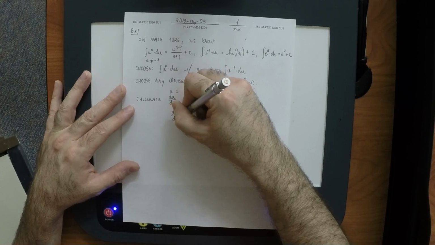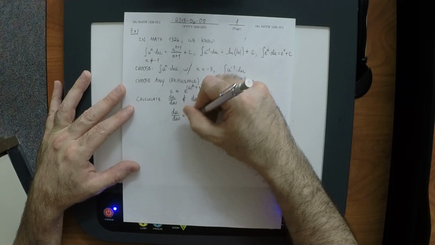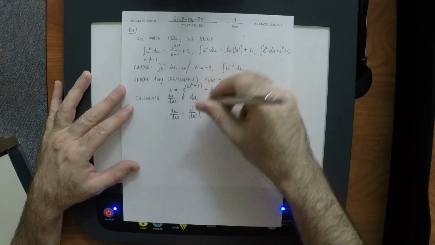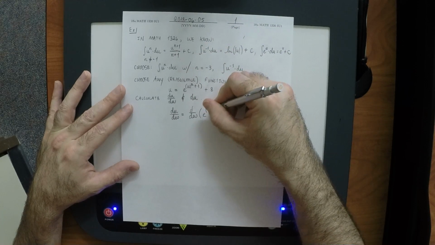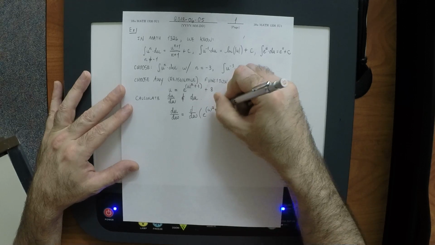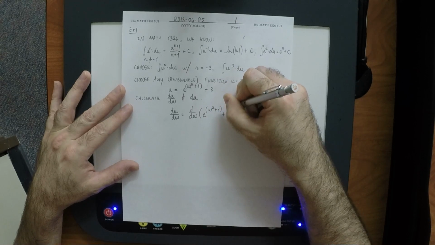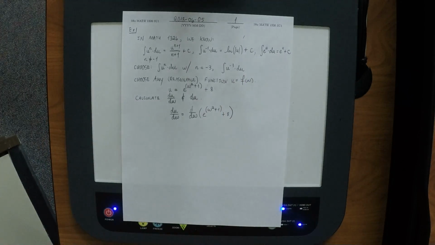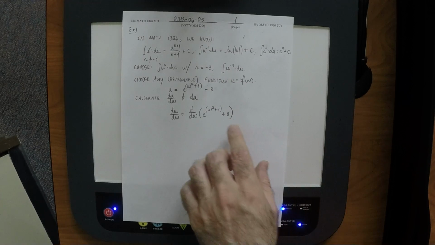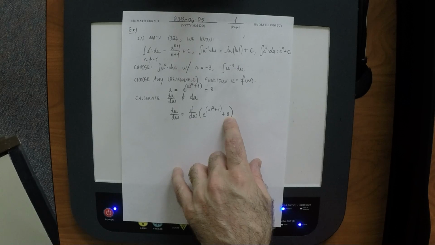So du dw will be the derivative with respect to w of all that mess. The derivative is additive, so it will hit the 8 by itself, and because 8 is a constant, what's the derivative of 8? Maybe 0 this time, right?